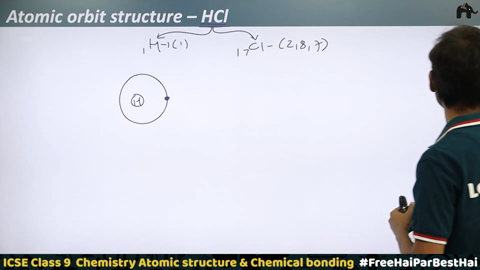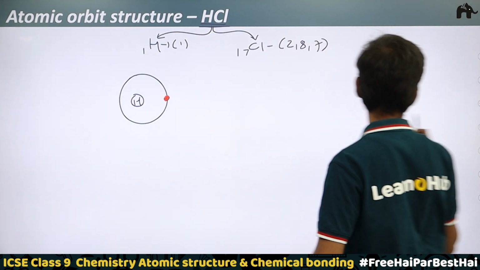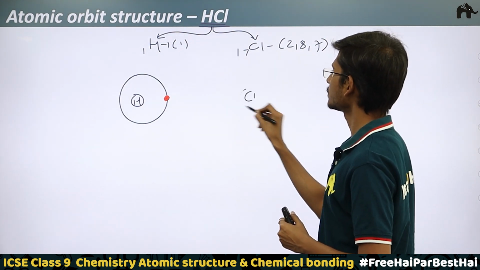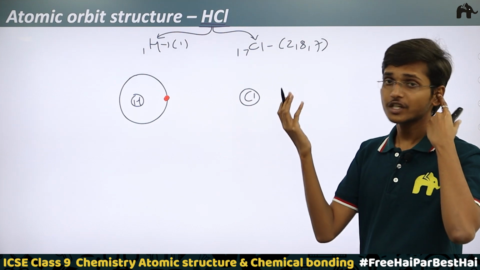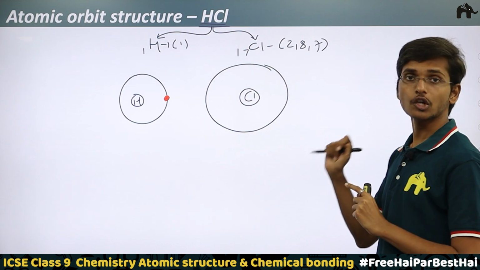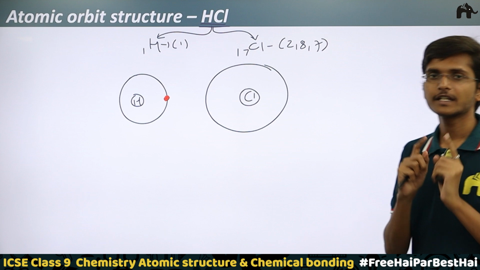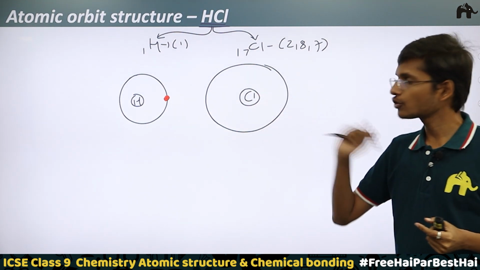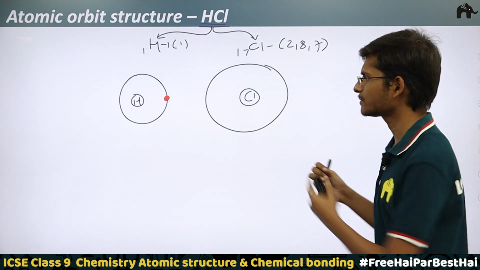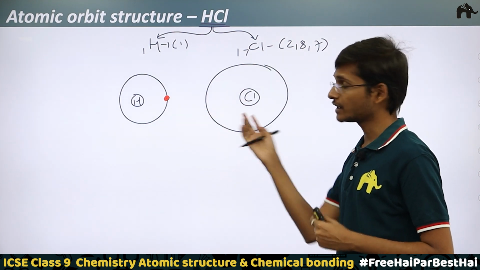Okay, similarly, let me make this electron in another color, fine. Then chlorine. So chlorine's nucleus, and just the last shell we have to draw. The last shell, the third shell, having 7 electrons. Now here we need to take care that the electrons which we show for chlorine should be depicted with a different symbol from that of the hydrogen atom's electron, because the atoms are of different elements, right?